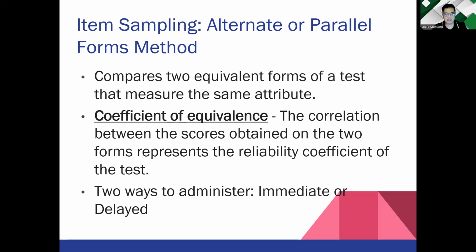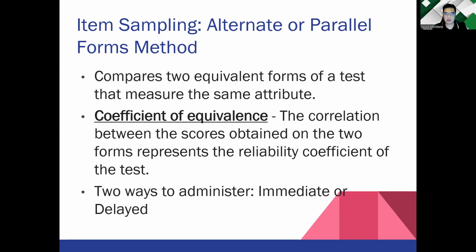Kasi kung hindi, magiging questionable yung pagkakaroon mo ng set A at set B. If it's easier to get a higher score sa set A, then magiging questionable yung set B mo. Bakit mas mahirap siya? Are they really alternate forms? Are they really equivalent? Okay? Kaya dapat parehong-pareho sila. Which is why, for some scholars, this is the most difficult type of reliability na ma-establish. Kaya hindi lahat ng test may alternate form.